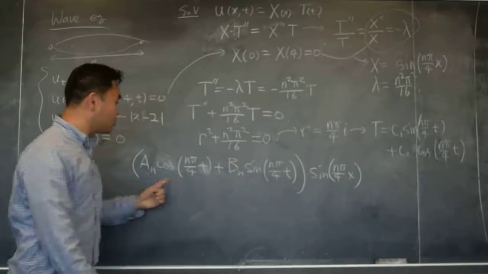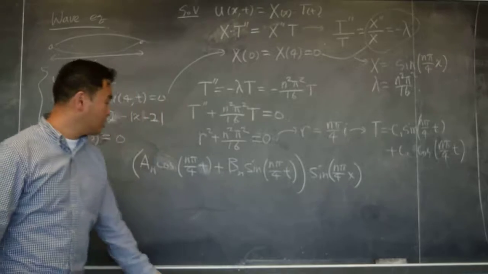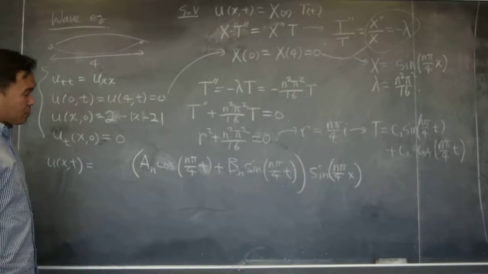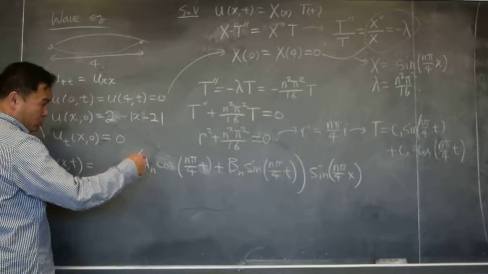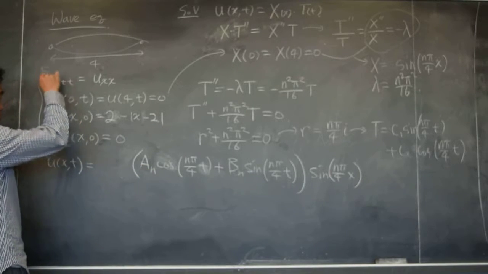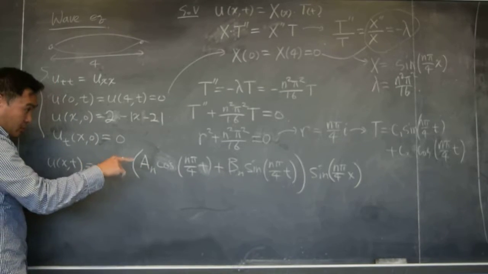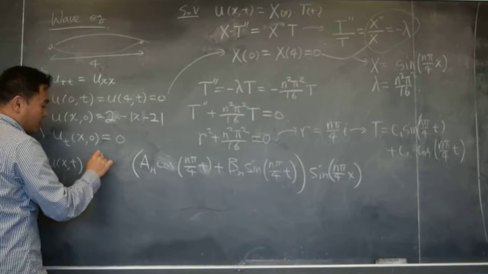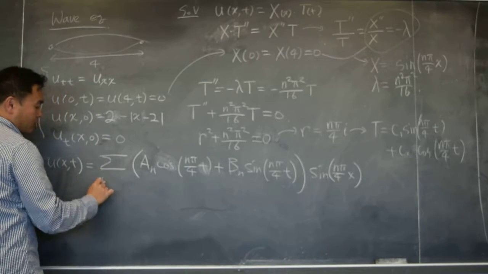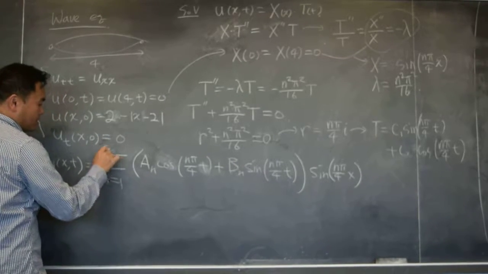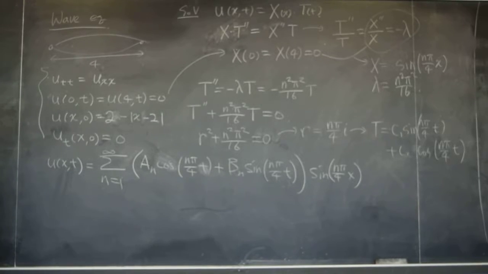So that's a function of t times a function of x. And because this is a solution for each n, I can just add them up from n equals 1 through infinity. So that's the general solution.